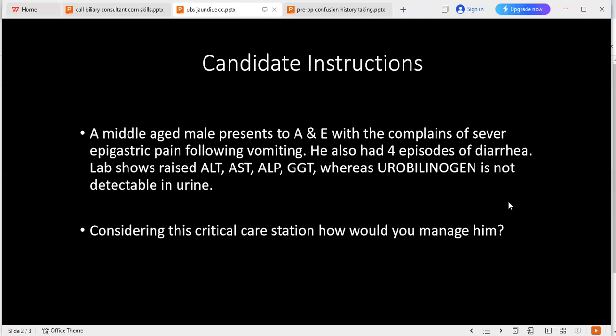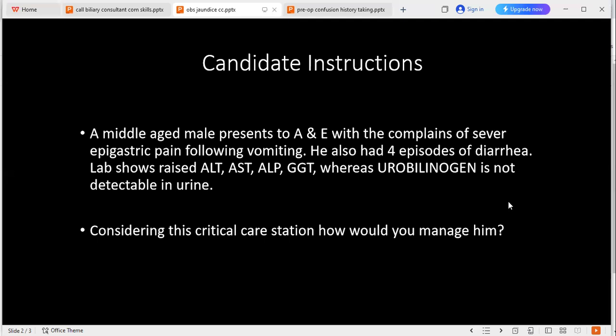Okay. Why is urobilinogen not detected in the urine in this particular patient? Ma'am, because when there is obstruction, the bile does not enter into the small bowel. Once it enters the small bowel, in the terminal ileum it will go for enterohepatic circulation, so it is reabsorbed, and a small portion, probably 10% of bile, enters into the colon, where this conjugated bilirubin gets disintegrated and becomes urobilinogen, and this gets oxidized to form stercobilin.